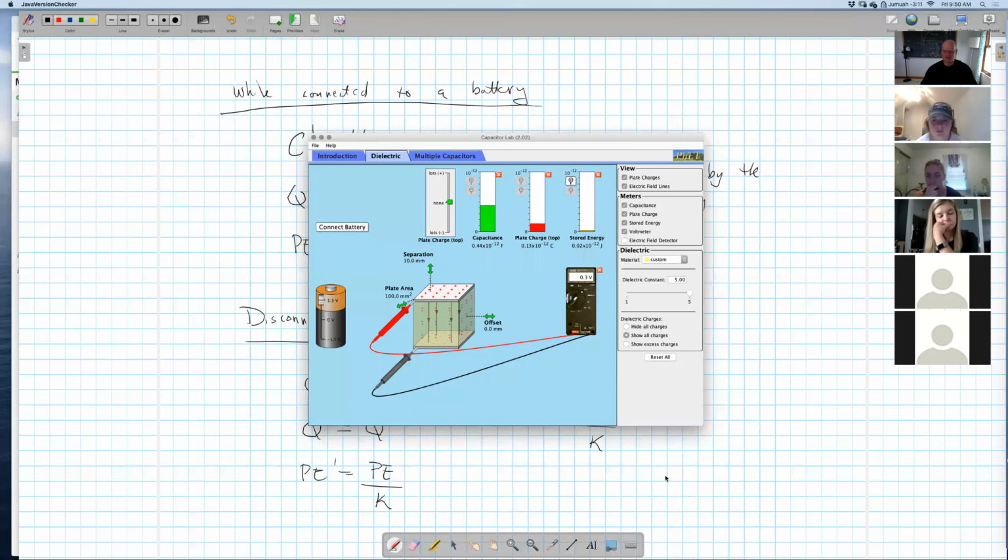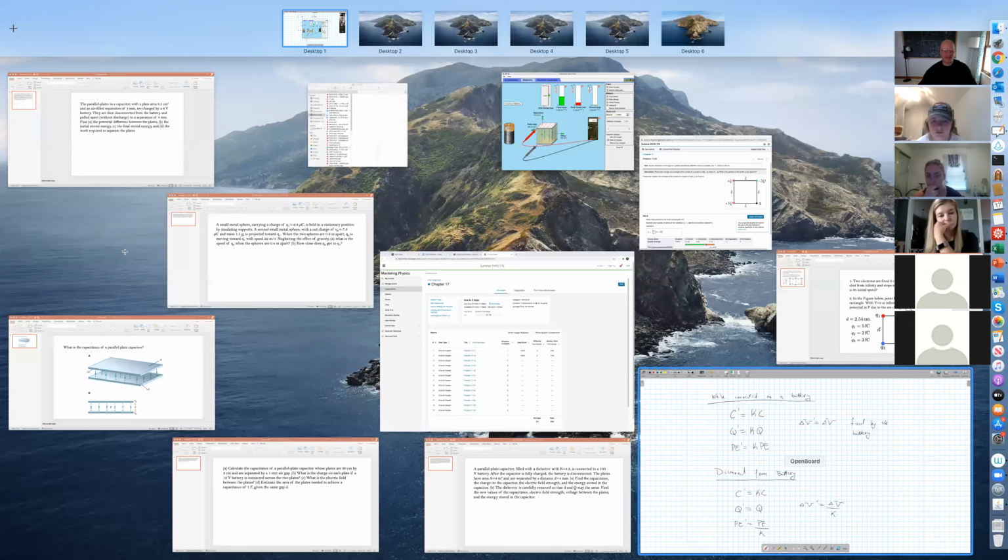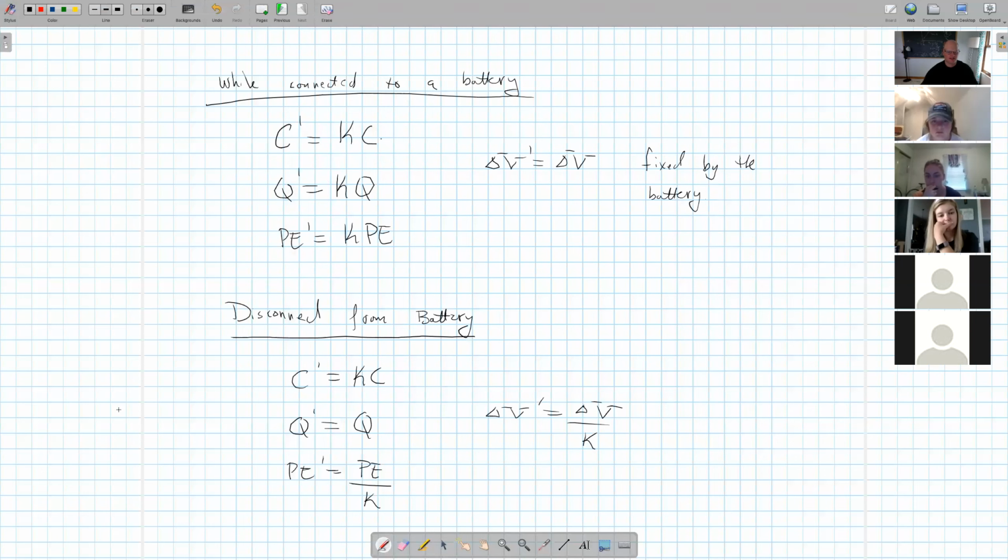Okay? So the reason that the charge stays the same is because it can't go anyplace else. So the charge is bound to the plate and can't go anyplace else.